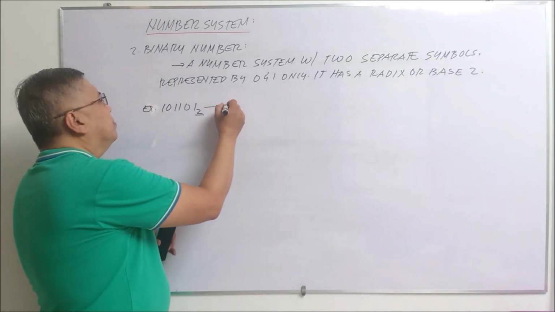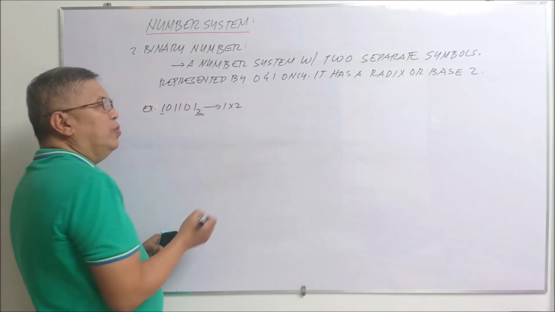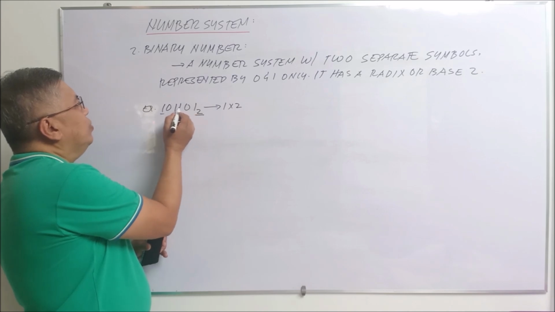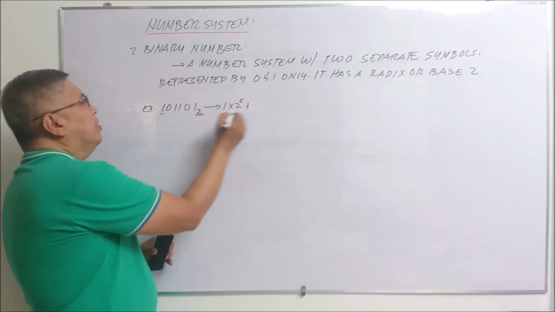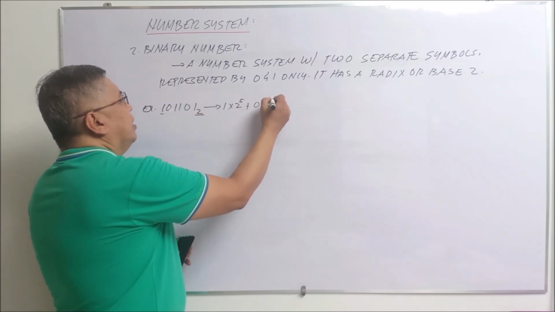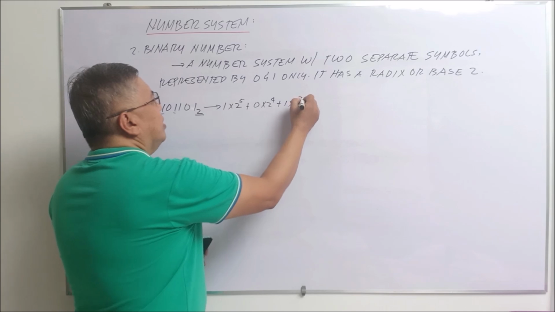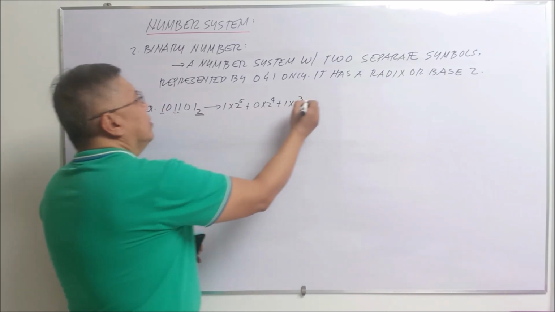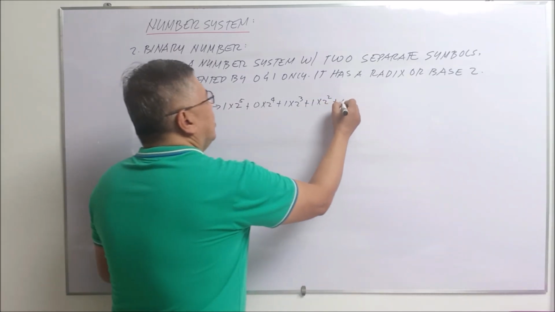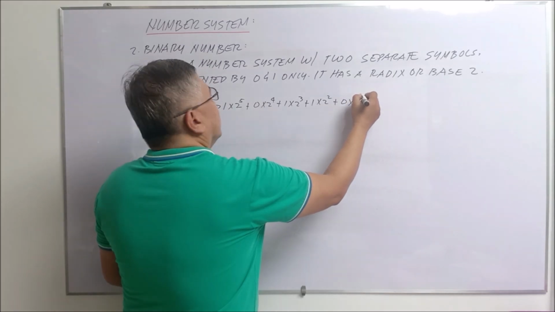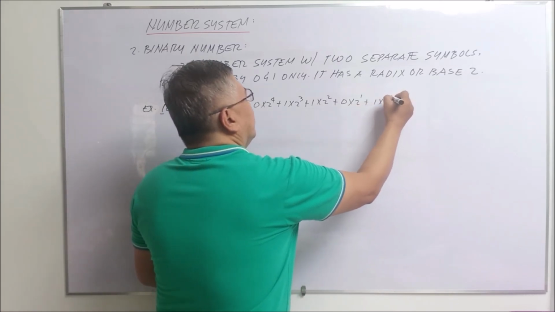You have the number 1 here multiplied by the base 2 raised to what? 1, 2, 3, 4, 5. So raised to the 5, plus 0 times 2 raised to the 4, plus 1 times 2 to the 3, plus 1 times 2 to the second, plus 0 times 2 to the first, plus 1 times 2 to 0.